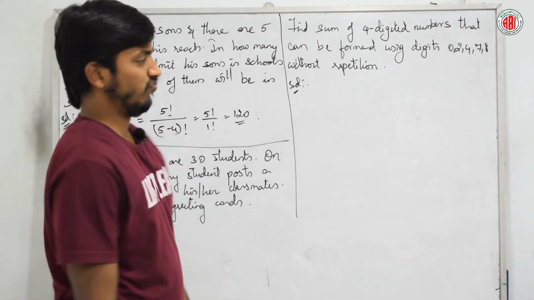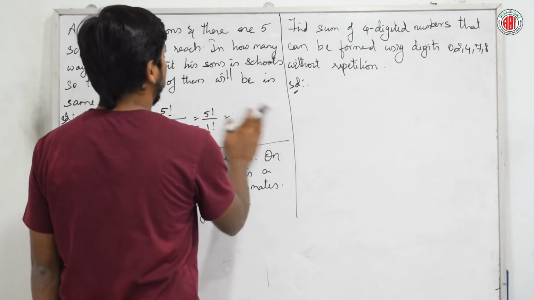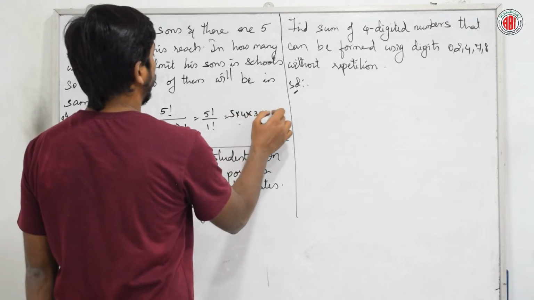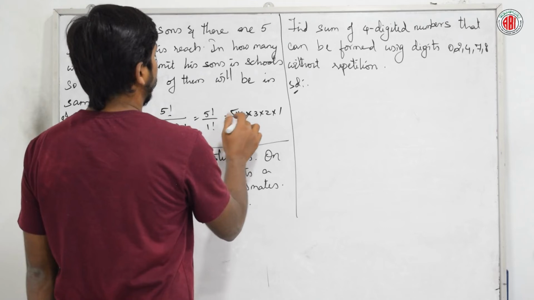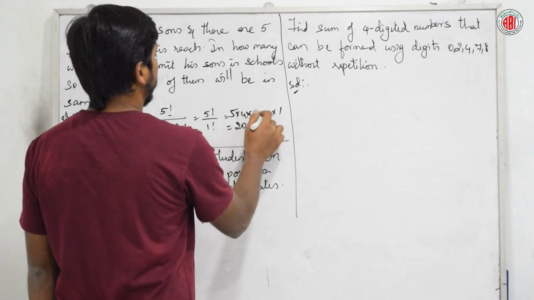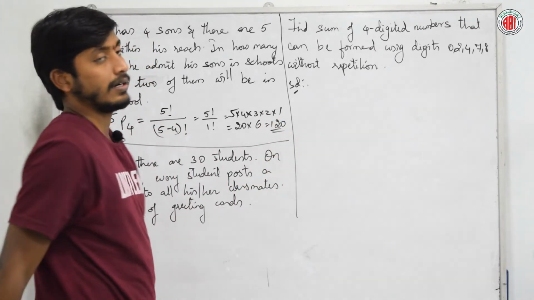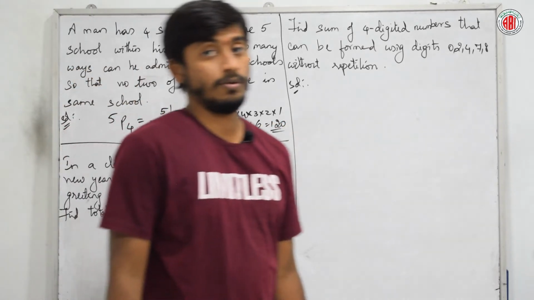Right? What is 5 factorial? 5, 4, 3, 2, 1. 5 4s are 20, 3 2s are 6, 6 2s are 12, which is 120. Isn't it?